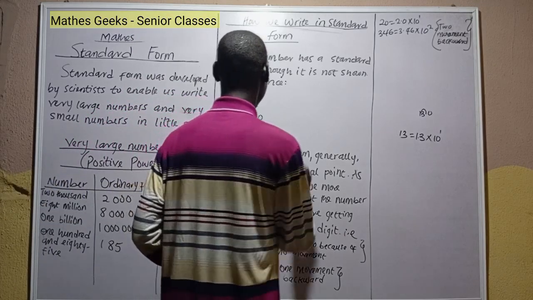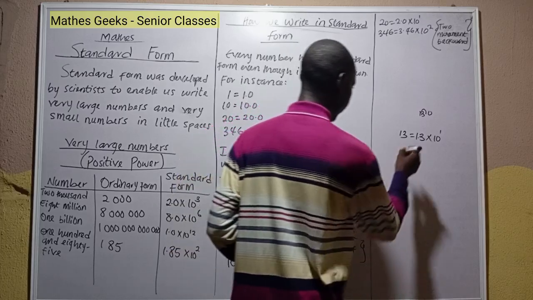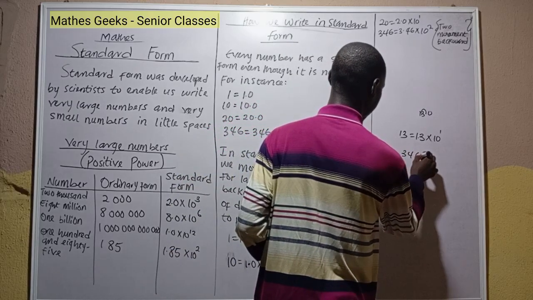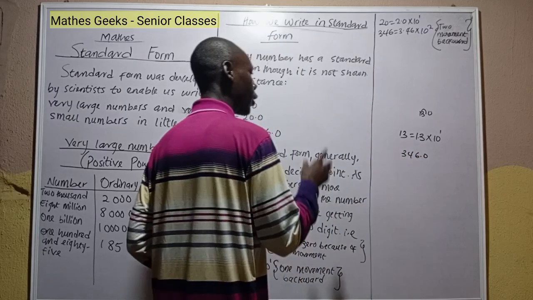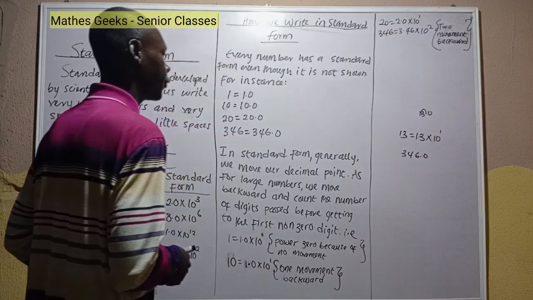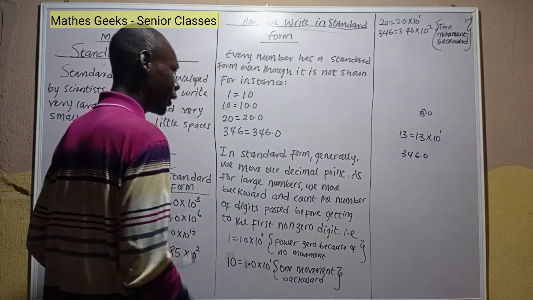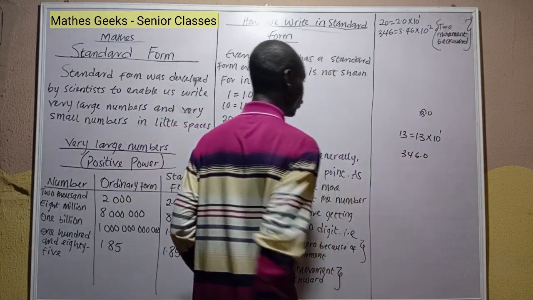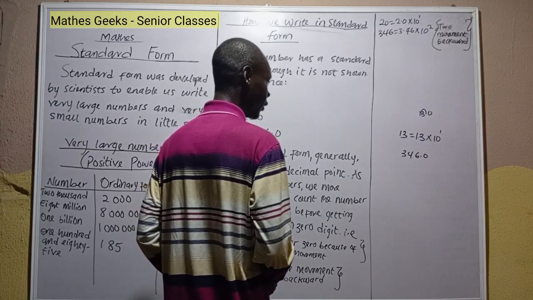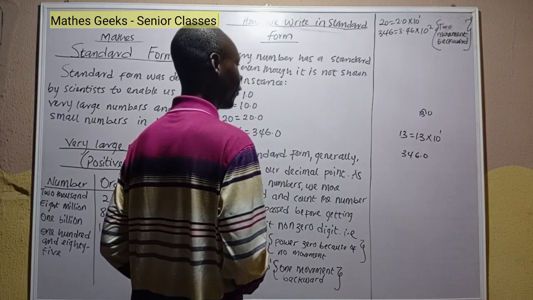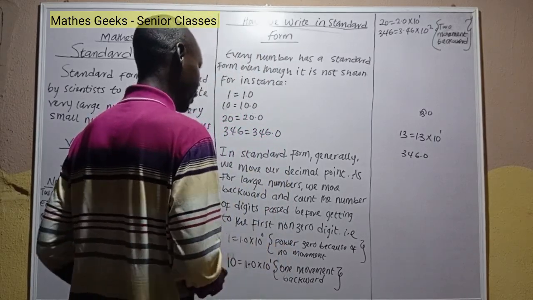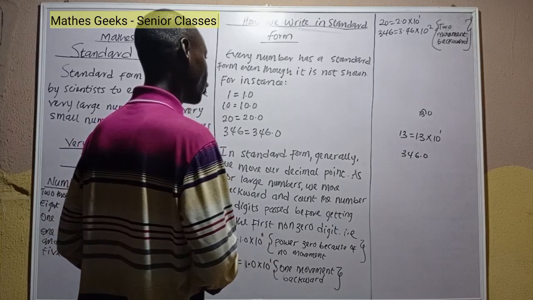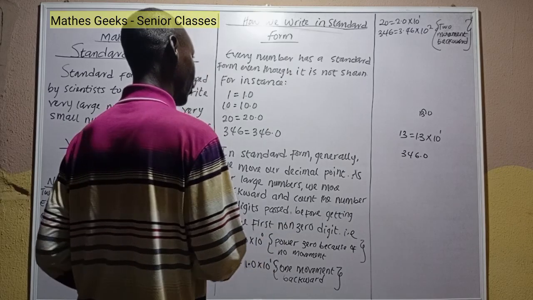If you take this number 346.0, this number is in the ordinary form. So if you're told to write this in standard form, what do you do? Like I just explained, writing a number in standard form means movement. For large numbers, you move the decimal point backwards.